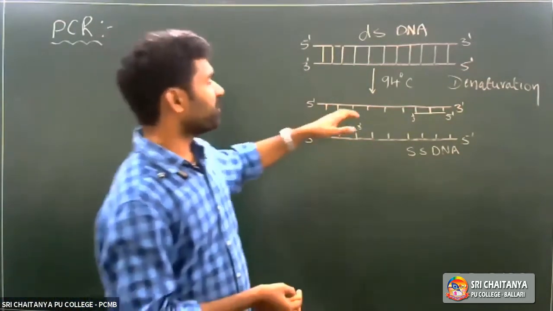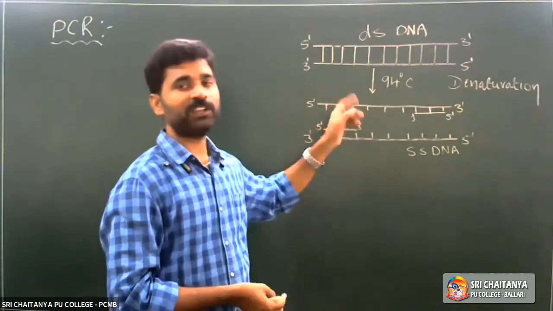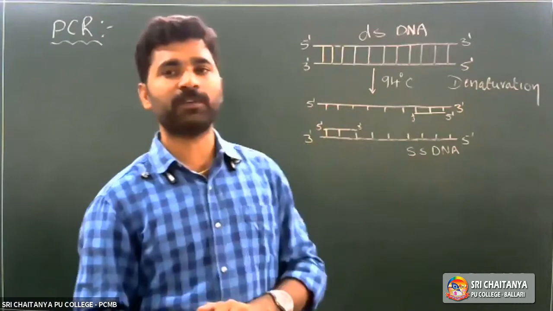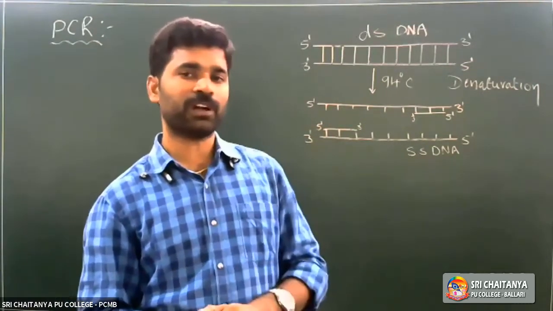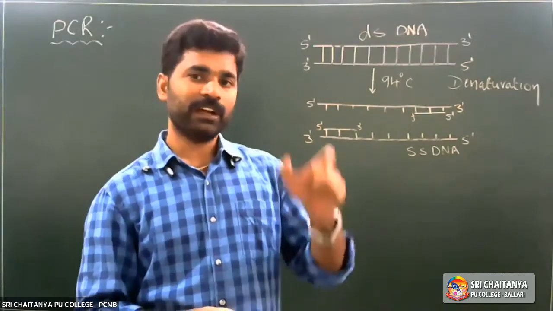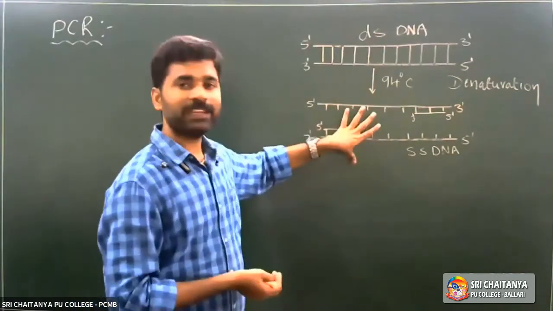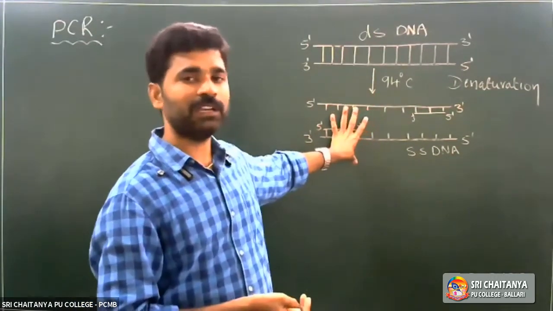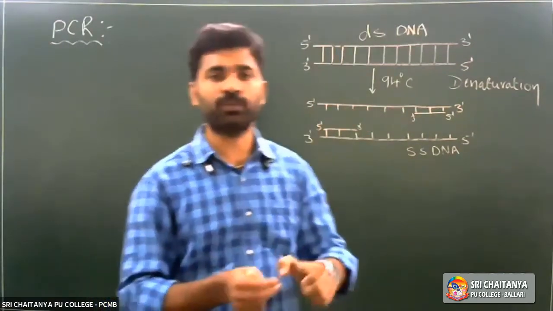Which type of primers are we using here? DNA primers. What is the difference between a DNA primer and an RNA primer? A small segment of single stranded RNA molecule is called an RNA primer. A small segment of single stranded DNA molecule is called a DNA primer. So here we are using DNA primers. And this DNA primer includes 13 to 14 nucleotides.